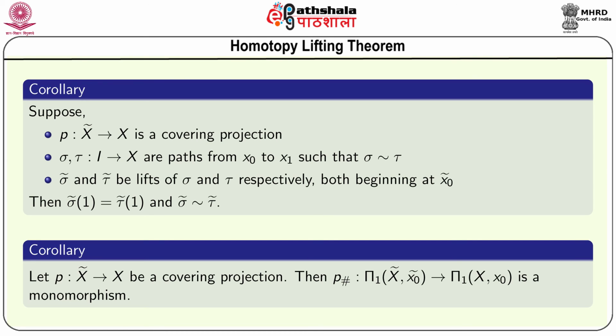Then the result says that sigma tilde 1 is equal to tau tilde 1 and sigma tilde is path homotopic to tau tilde.